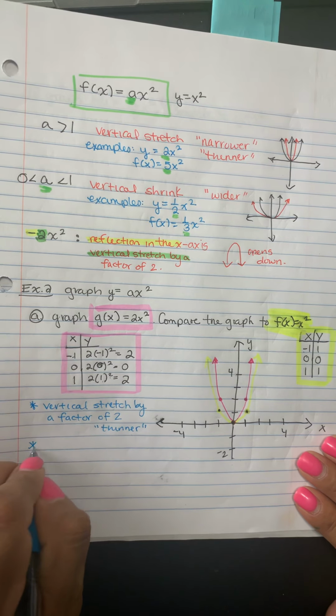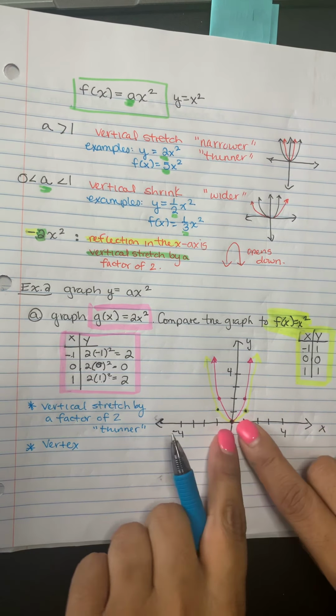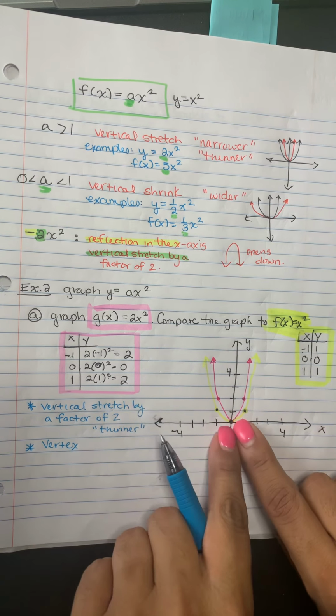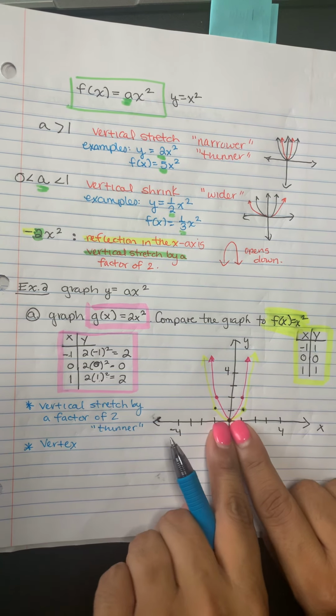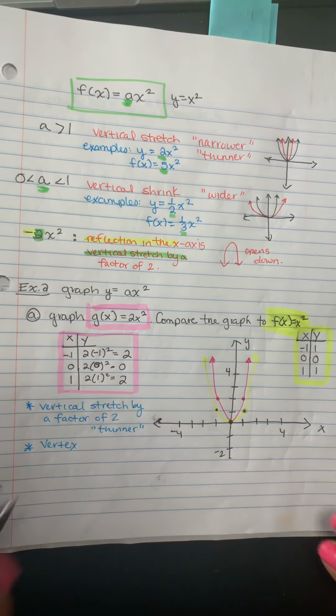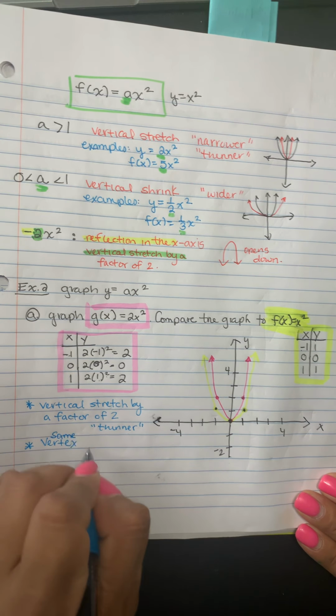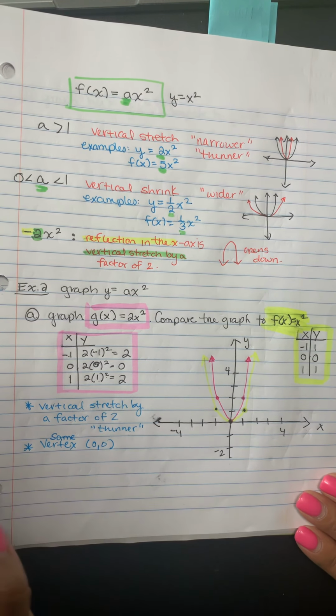Let's talk about the vertex. What's happening when we're comparing the vertices? Yeah, vertices. They're the same. They're both 0, 0. So same vertex, which is 0, 0.